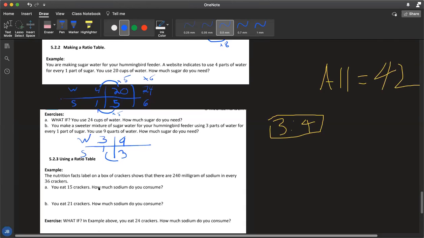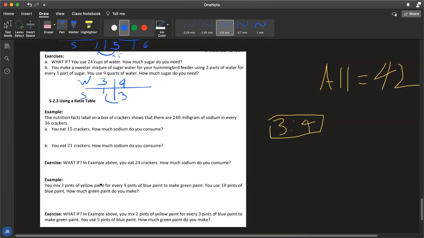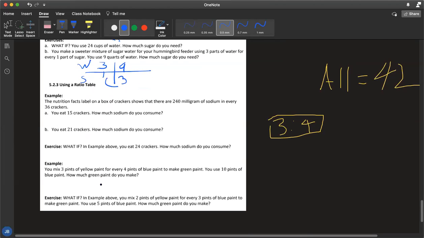Okay, let's see. Last few questions. So the nutrition, still using the ratio table, the nutrition facts label on a box of crackers shows there are 240 milligrams of sodium in every 36 crackers. So I'm going to say sodium over crackers, right?